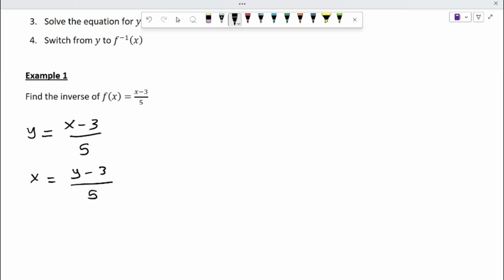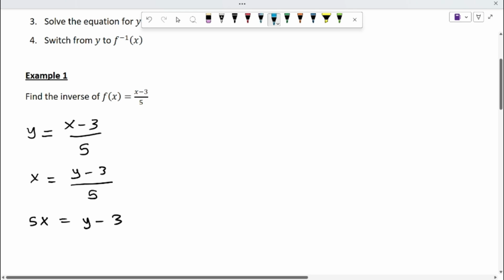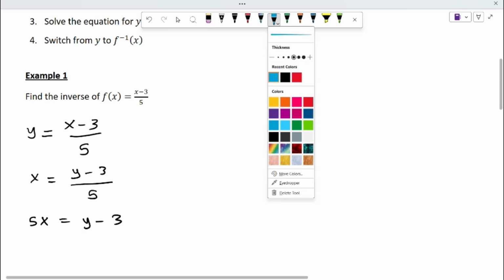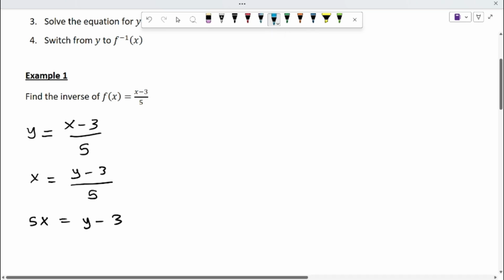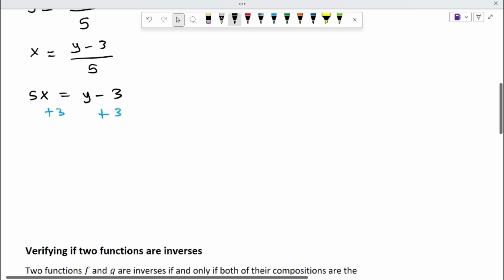So this is solved for x right now. So when we do that, we have 5x equals y minus 3, and then plus 3 on both sides of the equation. We get that 5x plus 3 equals y.